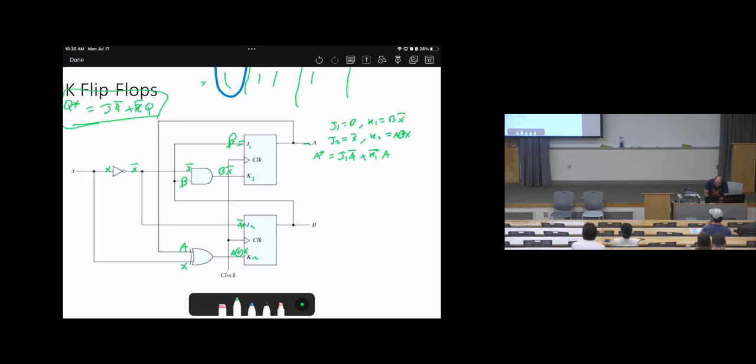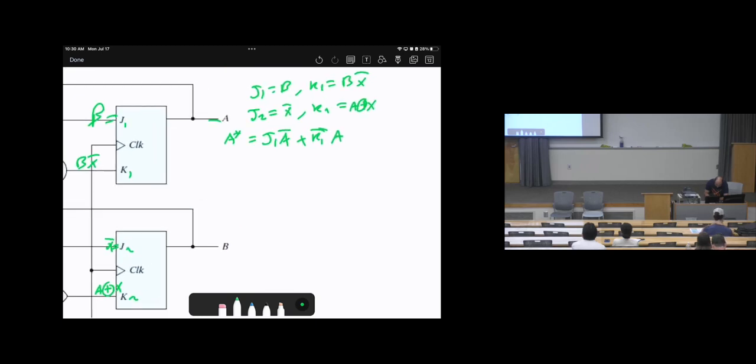Understood? Then here, A star will be J1 A bar plus K1 bar A. Substitute J and K. J1 is equal to B, so it will be A bar B. I prefer to use the alphabet, that's why I flip A and B. Let me write it correspondingly then.